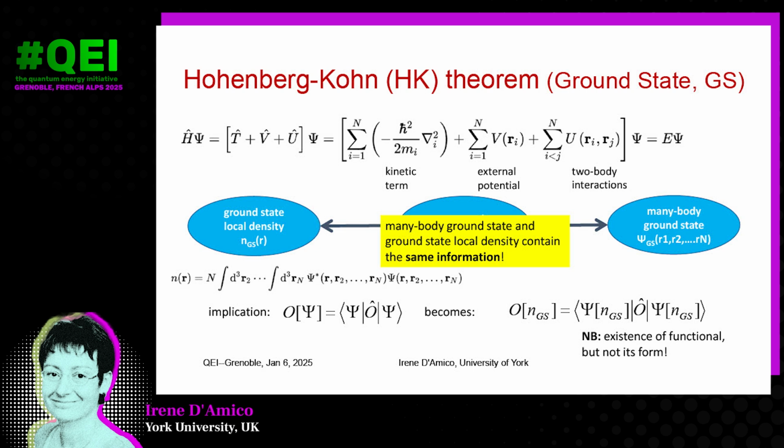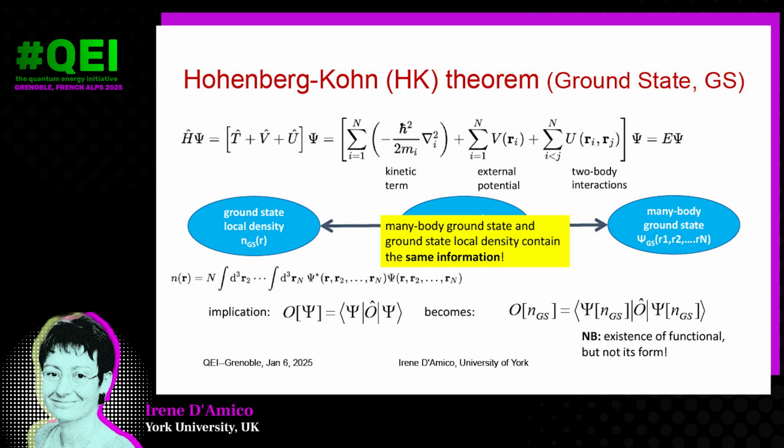So the key message here is that the many-body ground state, this very complicated object, can actually be described completely in terms of the ground state local density. It is indeed a functional of the ground state local density. So if I know how to do that, in general, I can calculate this, and from this, I can calculate any property that is expressed in terms of the ground state.